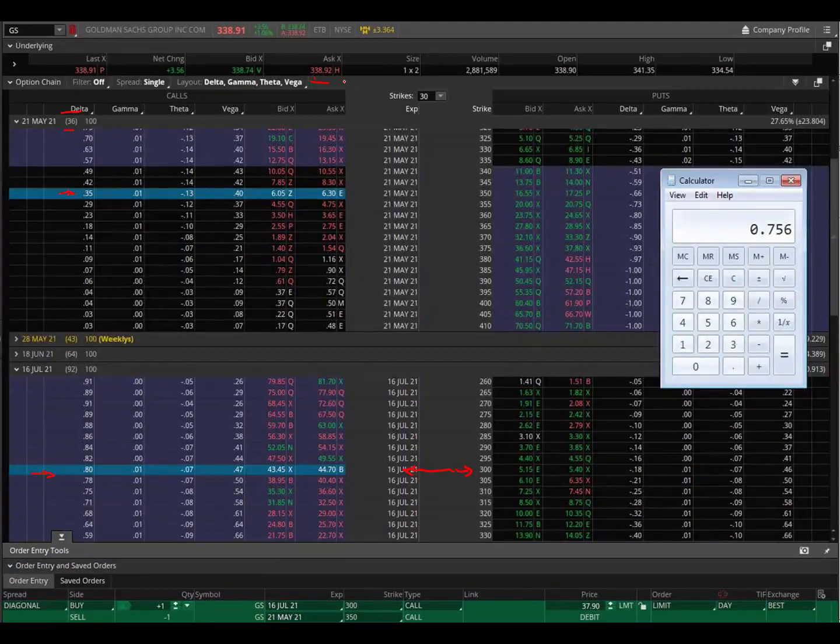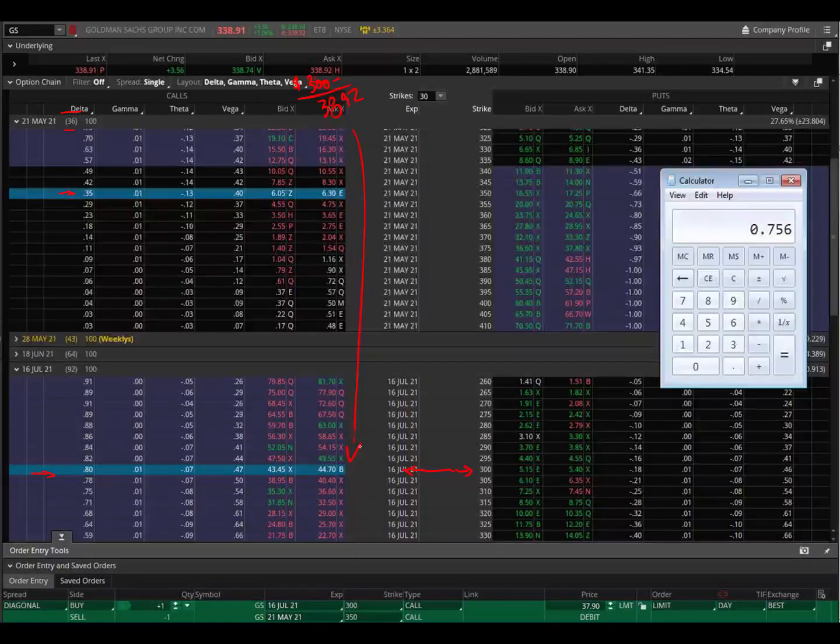So in that case, I've got the 300 strike. I can subtract 300 from 338 and see that my options need to be at least, here, I'll just write it up there, $300, you subtract those, $38.92, right? I know that these options have to be worth at least $38.92 because of the benefit that I should receive by owning that in the money option. It has to be worth that, if not more.